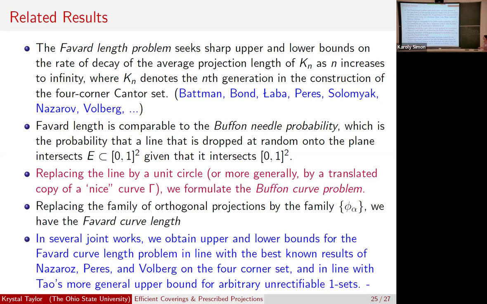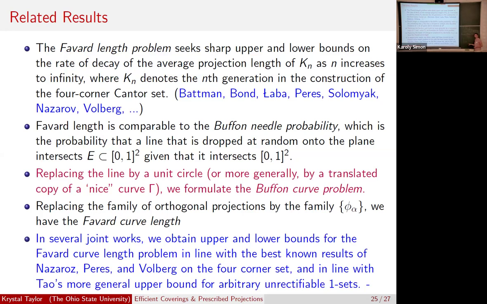Okay, and so in several joint works, we obtain upper and lower bounds for the Favard curve length problem, with the best known results in line with the result of Nazarov, Peres, and Volberg. So if this is the Favard curve length, let's denote it by Favard gamma, where gamma is a nice enough curve. Let's say it's the unit circle.